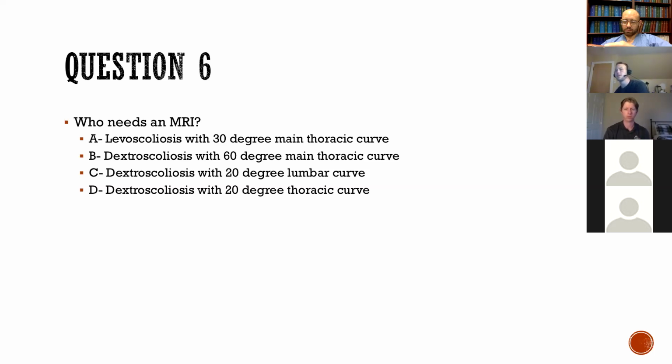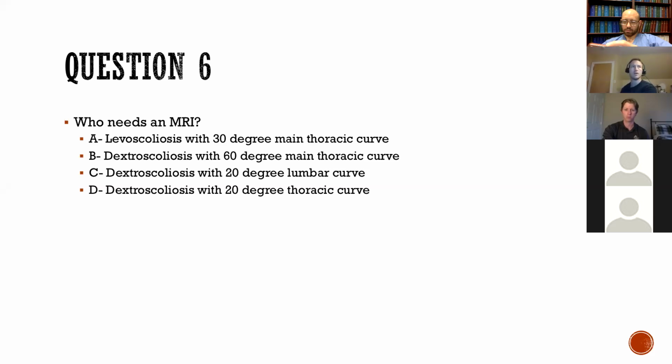Think of it like the apex of the curve is pointing towards the side that we name it. So a levoscoliosis, or a left-sided curve, the apex or the convexity will be pointing towards the left, and vice versa.